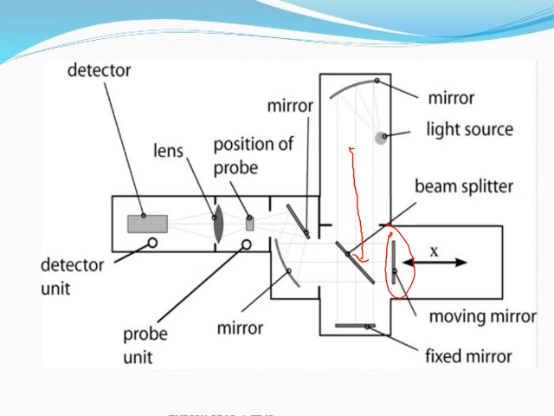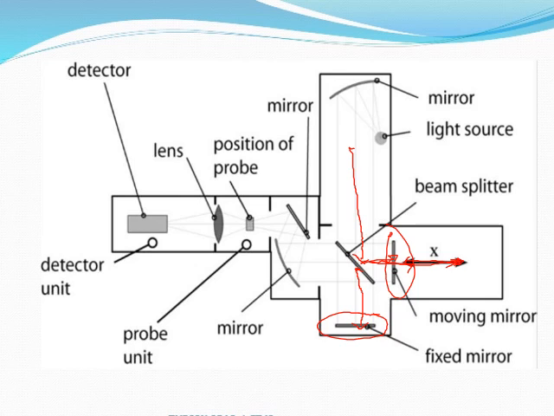This one is the moving mirror and this one is the fixed mirror. So one beam will go towards the fixed mirror and the other beam will go towards the moving mirror. This moving mirror covers the distance x, meaning it moves to and fro from the beam splitter.